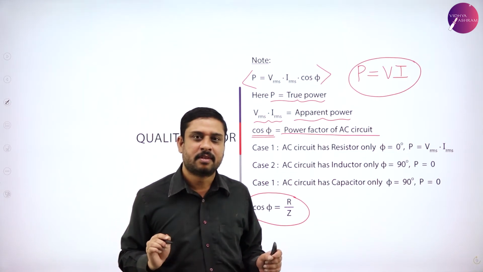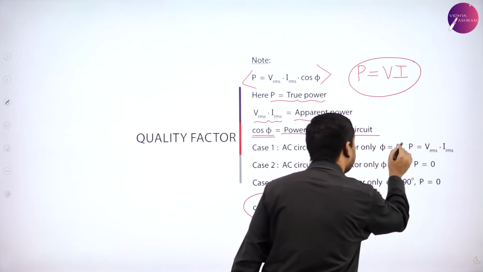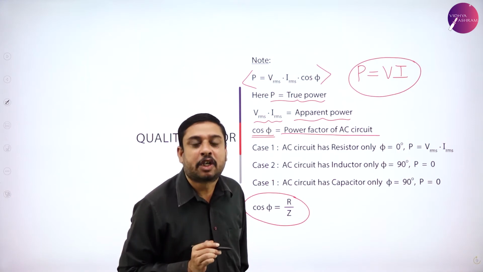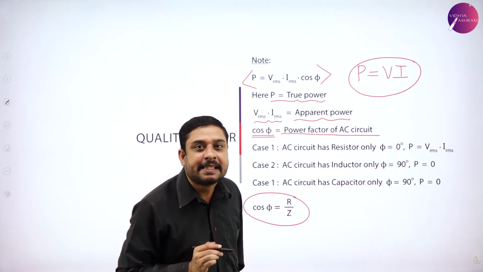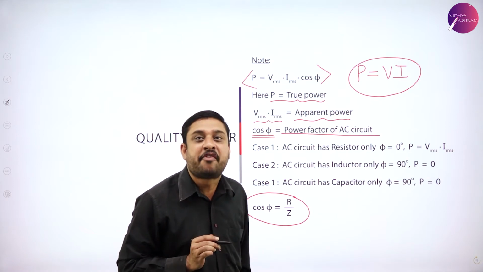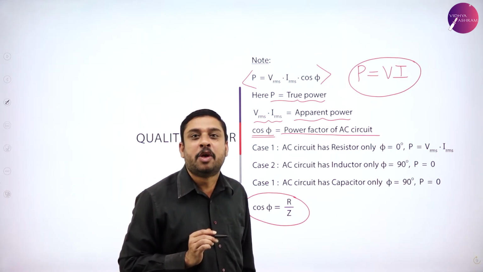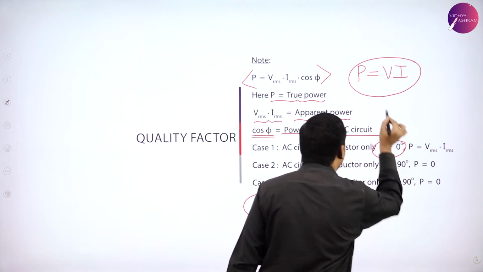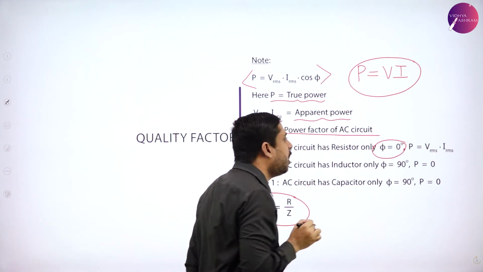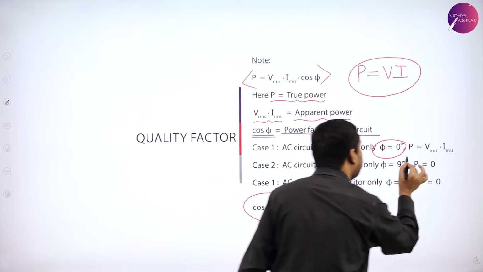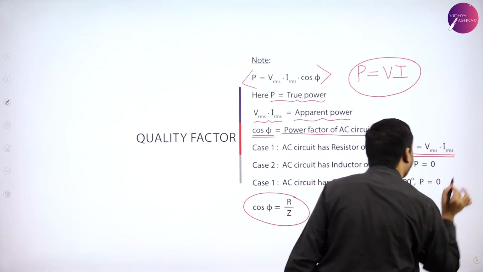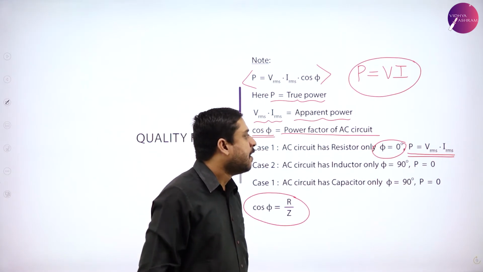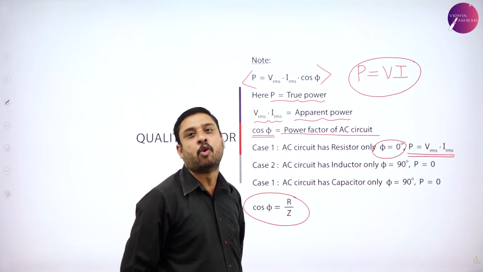No. In an AC circuit with a pure resistor, there was no phase difference between voltage and current. Phi is 0. Substitute here. Cos phi is 1. So power dissipated in a resistive circuit is VRMS into IRMS.